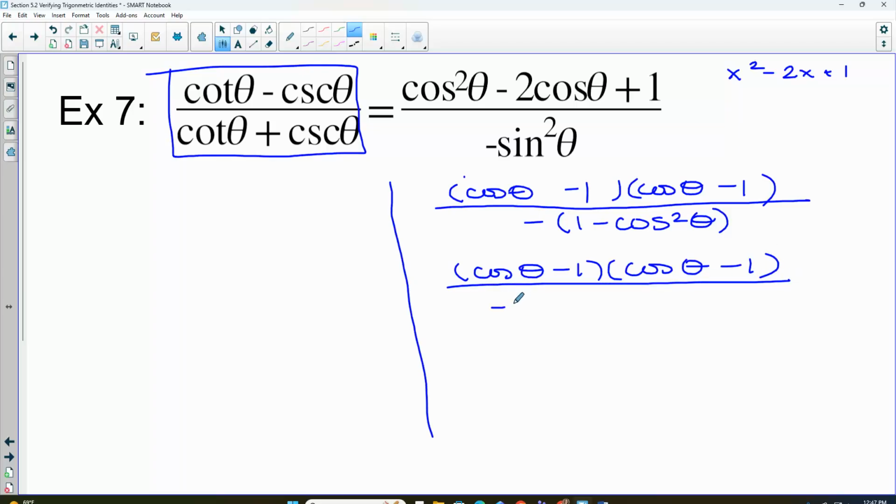One minus cosine squared would be a difference of squares, right? 1 minus cosine, 1 plus cosine. We're trying to get something to cancel. Now this negative, you could distribute it into one of the parentheses. It wouldn't go into both, it's just one. So if I multiply it through this one, that's a negative 1 plus cosine. Negative 1 plus cosine, isn't that the same as cosine minus 1? So we can cancel one of those.